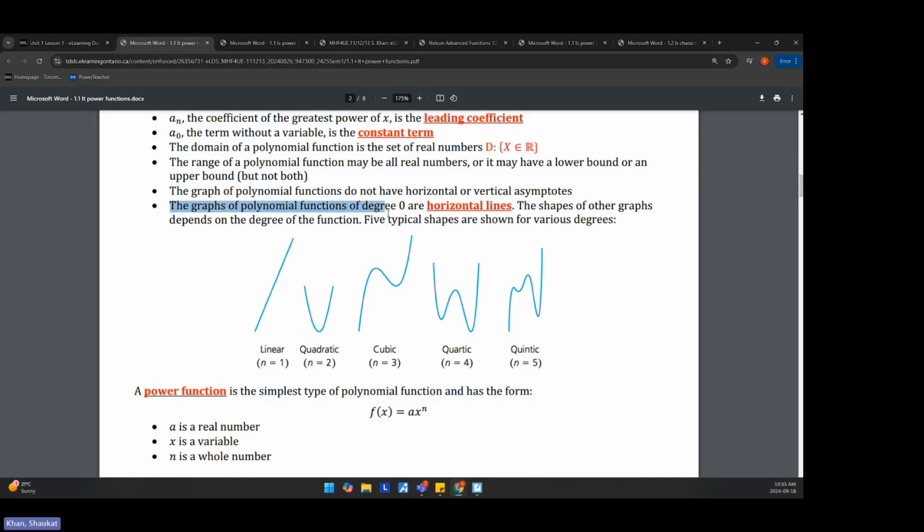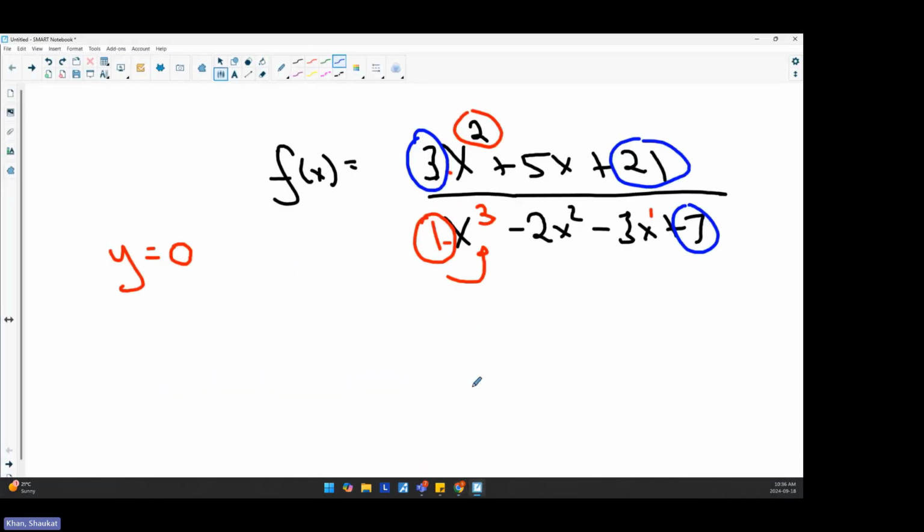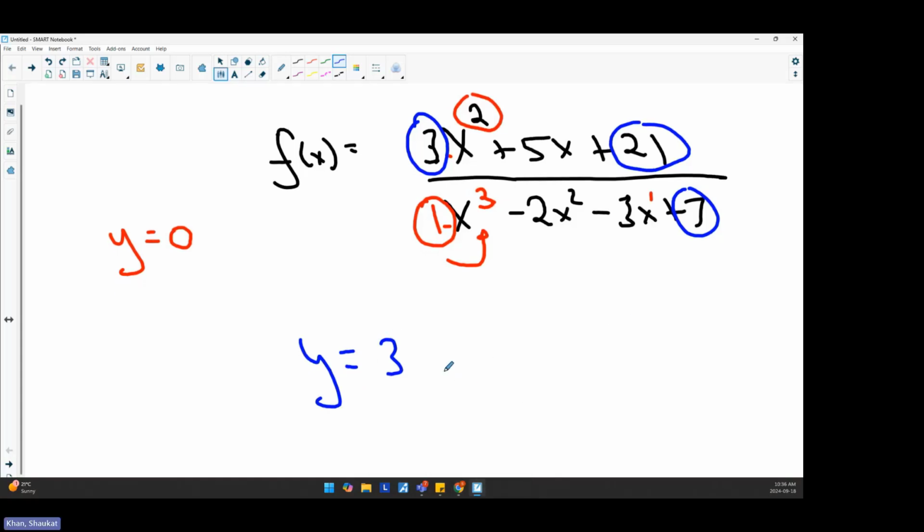The graphs of polynomial functions of degree 0 are horizontal lines. So an example of a horizontal line is if I just write y equals, say, 3. So y equals 3 is a horizontal line.